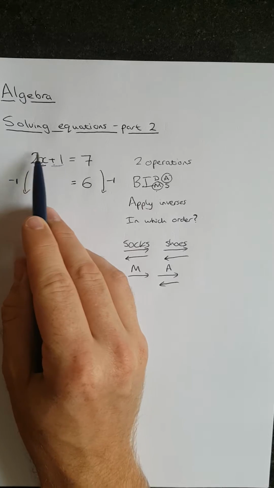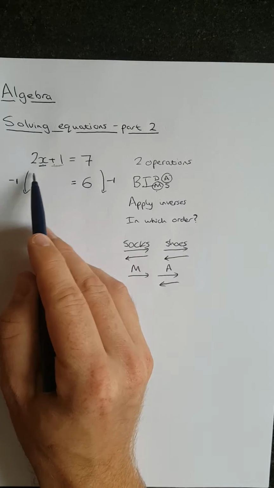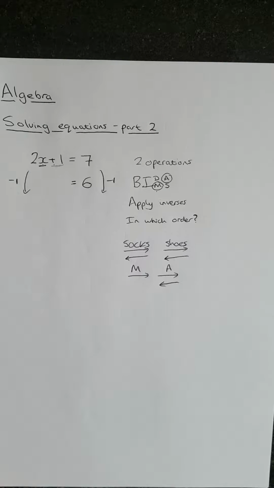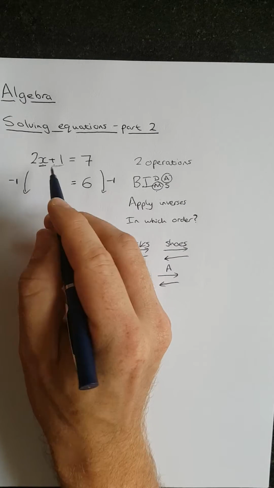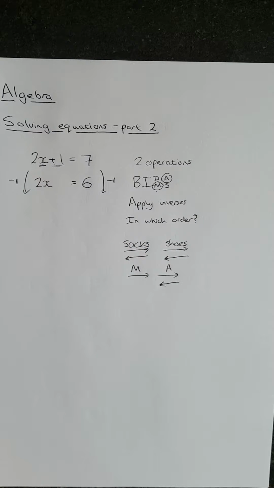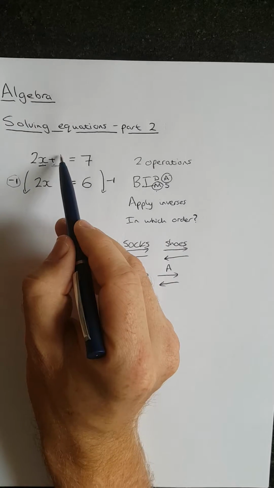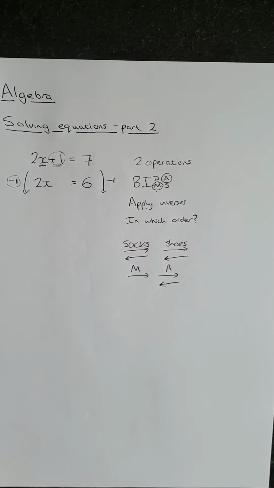When I take 1 from this side, the positive 1 here is cancelled out. And I'm left just with 2x. That was deliberate. We deliberately took away 1 to cancel out the plus 1.